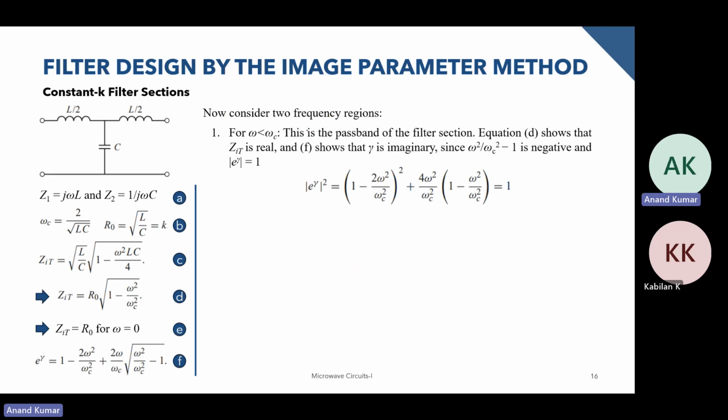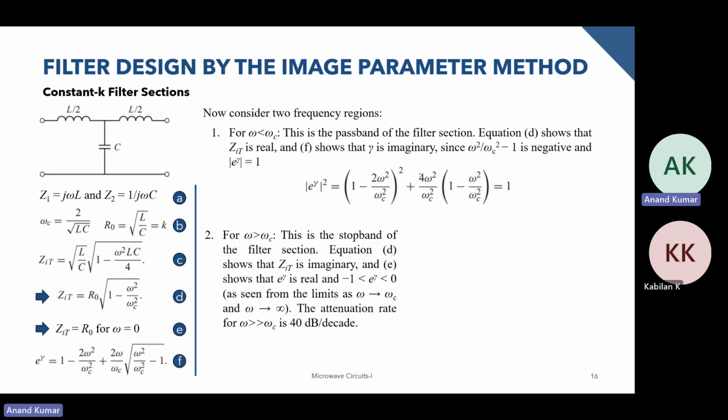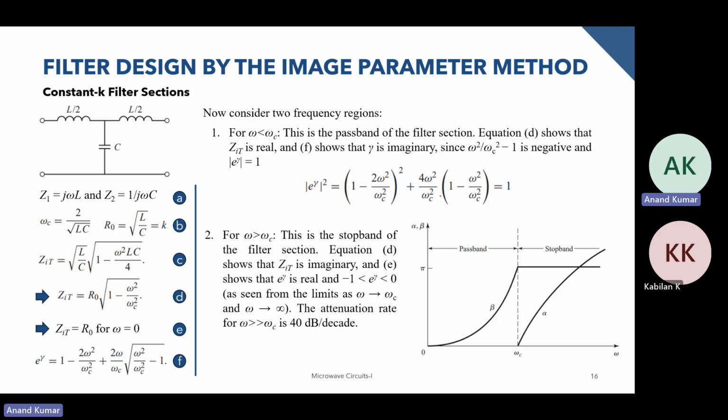So since we defined our cutoff frequency, let me just put all these things over here. Once we have got the propagation factor, we can write down its magnitude by this expression over here, and we had defined a cutoff frequency, right? So omega less than omega c and omega greater than omega c. For these two regions, we can plot the magnitude of this particular function. So for omega less than omega c, it turns out that Z IT becomes real, and gamma is imaginary.